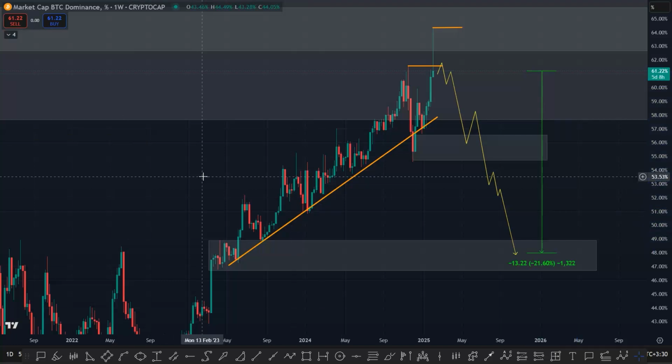So it's really important we monitor these levels during the week. If you see a close below these levels on a weekly candle, go and buy the altcoins you haven't bought yet, because in my opinion we still have room for the altcoins, and some of those fundamental altcoins will pump really hard.